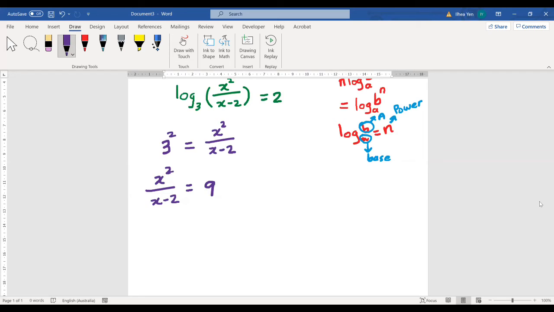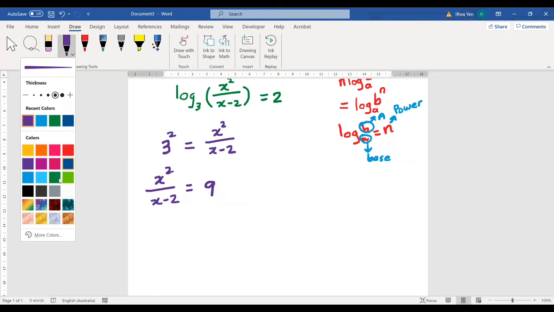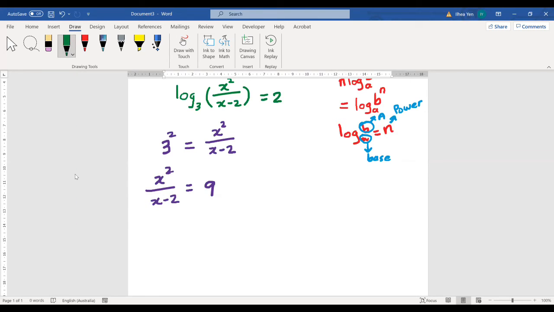So what I'm going to do is times by x minus 2 on both sides so that I can get rid of that.